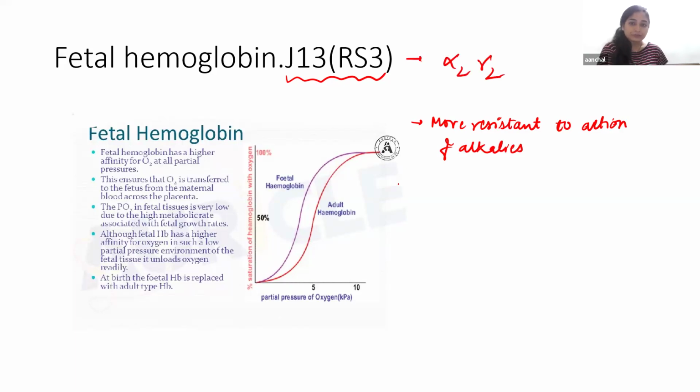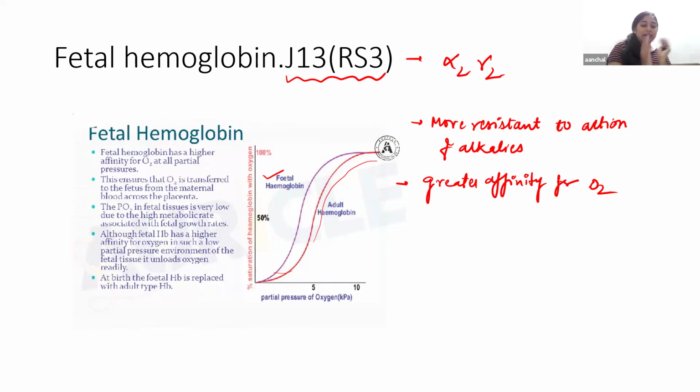Okay. Then this fetal hemoglobin has greater affinity for oxygen. Okay. So as we can see in the diagram also, if the normal affinity for adult hemoglobin is this, the fetal hemoglobin curve is more shifted towards left, meaning the affinity for oxygen is more in fetal hemoglobin than in adult hemoglobin.